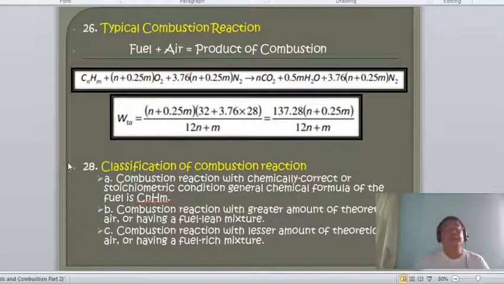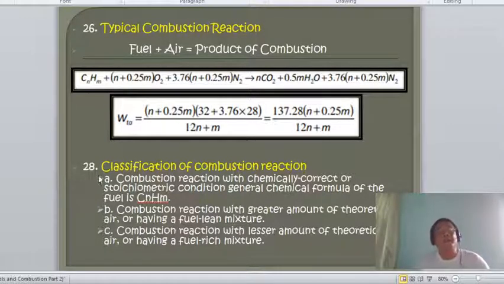Another is the combustion reaction with a greater amount of air than theoretical air, or a fuel-lean mixture, meaning we are putting in an excess of air, or supercharging.